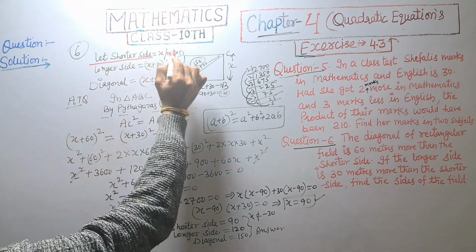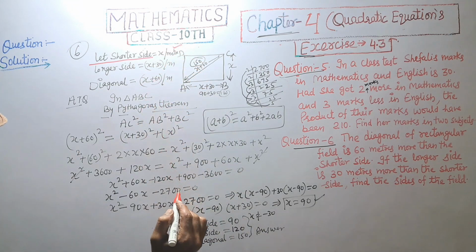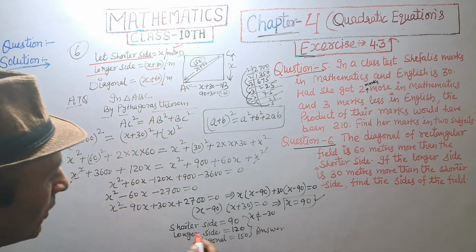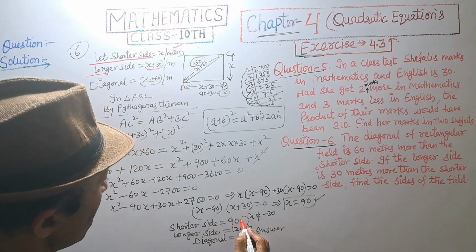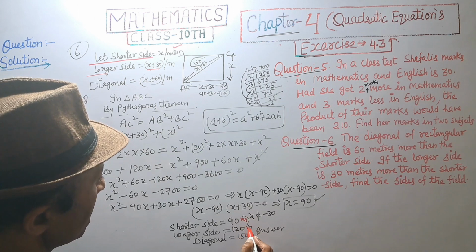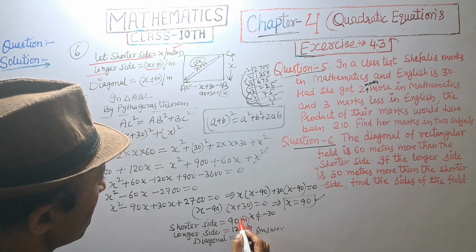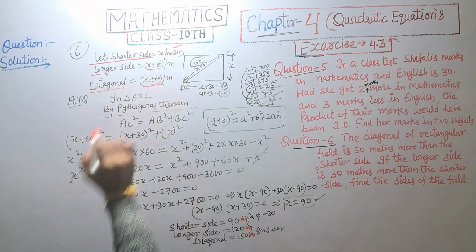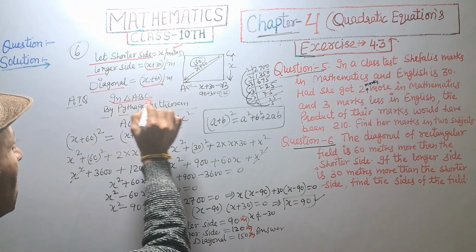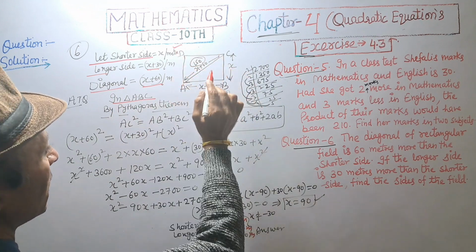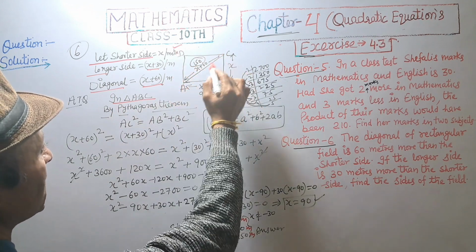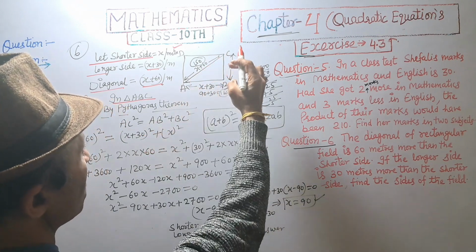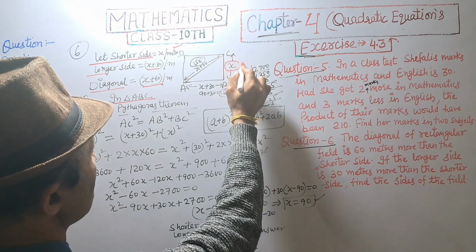Let the shorter side be x meter, the longer side be x plus 30 meter, and the diagonal be x plus 60 meter. In triangle ABC, it's a rectangle, and AC is the diagonal, AB is the longer side, and CB is the shorter side.